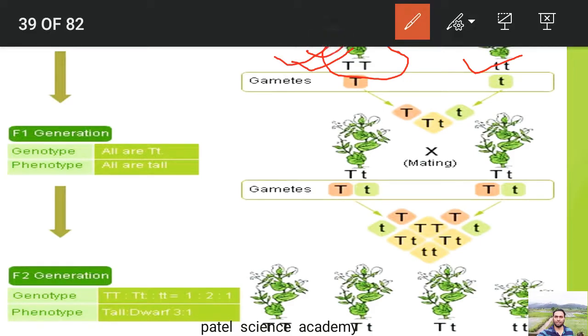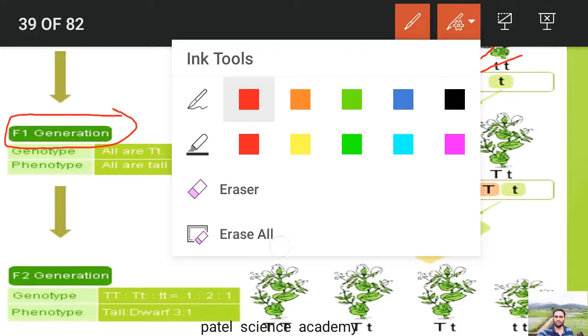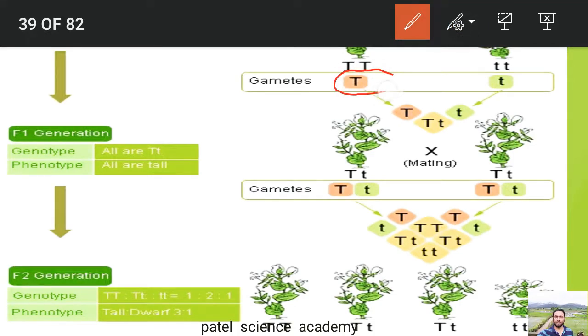Parent number 1 is tall, parent number 2 is dwarf, and we will see their F1 generation. For the cross, they will produce their gametes. Capital T will produce capital T gamete, and small t will produce small t gamete. Then there will be a crossing between these two.